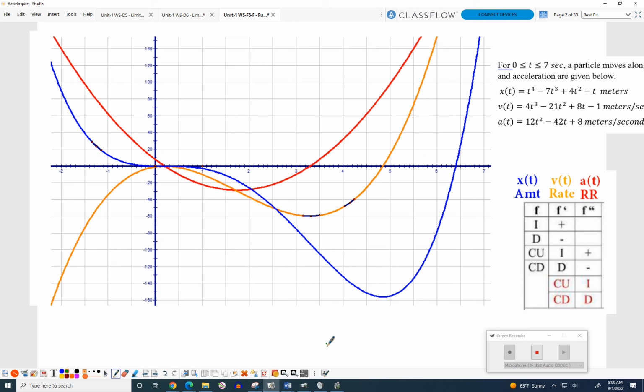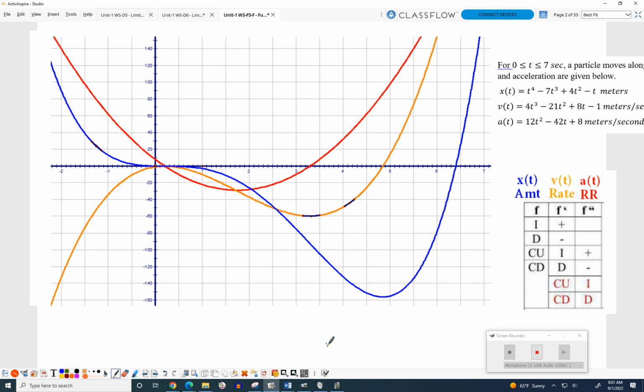The new topic, however, is even more important than limits by a long shot. Limits are a little standalone item that we reference, but about 10% of the test will have some problem that deals with limits.